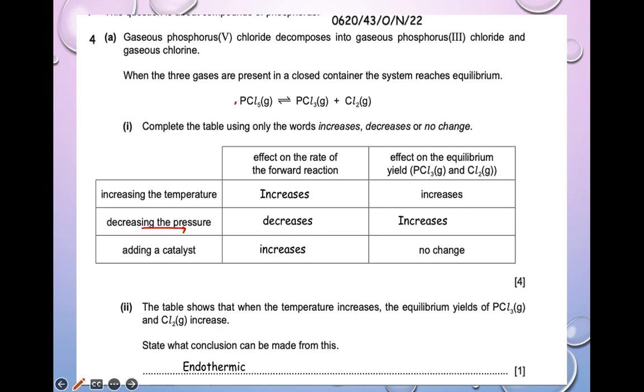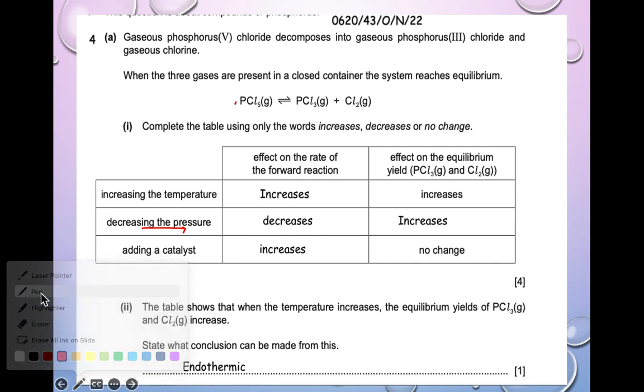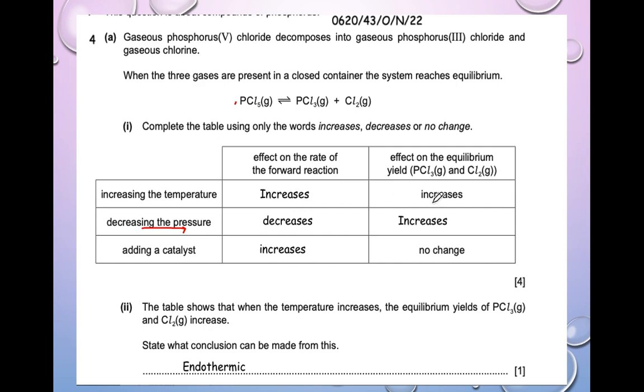From this information, increasing the temperature moves the reaction to the right hand side. So when I increase the temperature, it means the reaction goes in the direction that takes in heat. It is not exothermic, it is endothermic, because it takes in heat. So this reaction is an endothermic reaction.